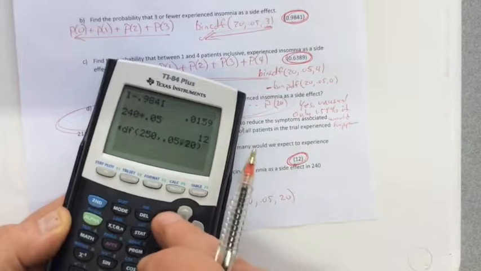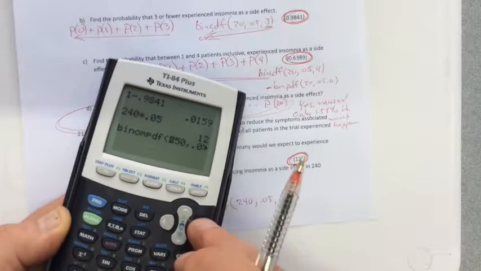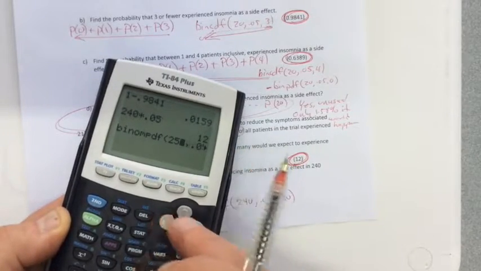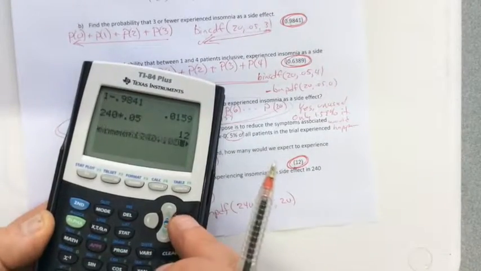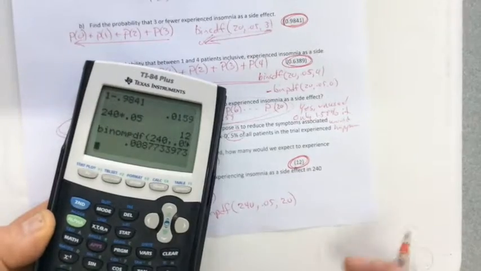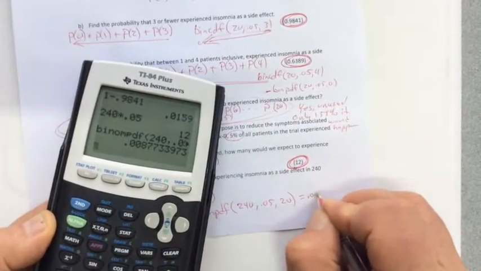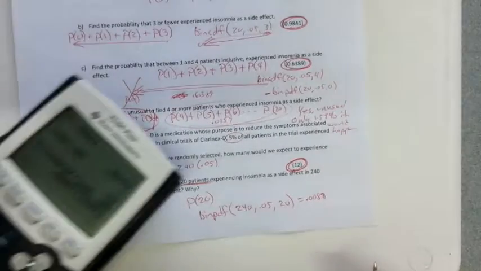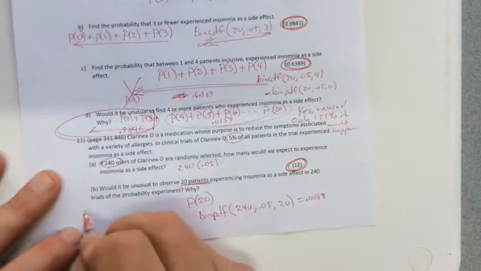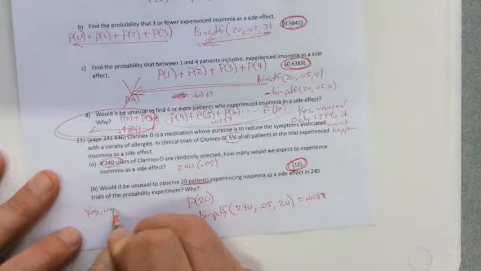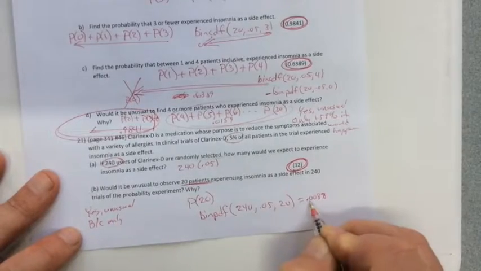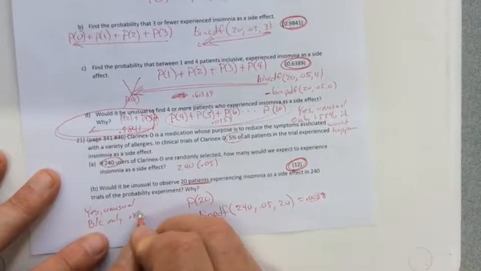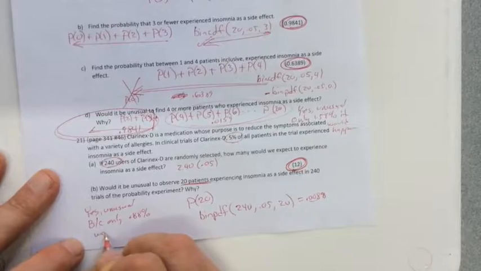So it's the PDF of, oops, I put 250, it should be 240. So that's 0.0087, 0.0088 if we round it. So would it be unusual? Yes, unusual. Because only, if I move the decimal twice, 0.88% would happen.